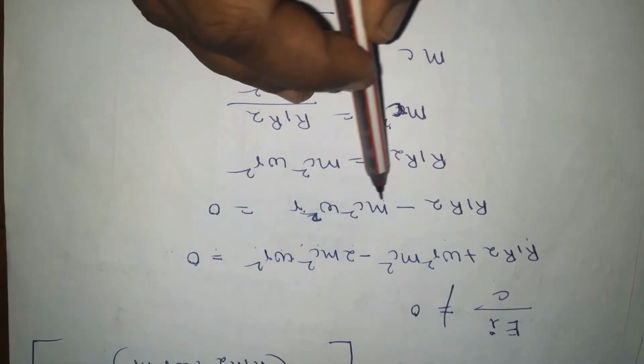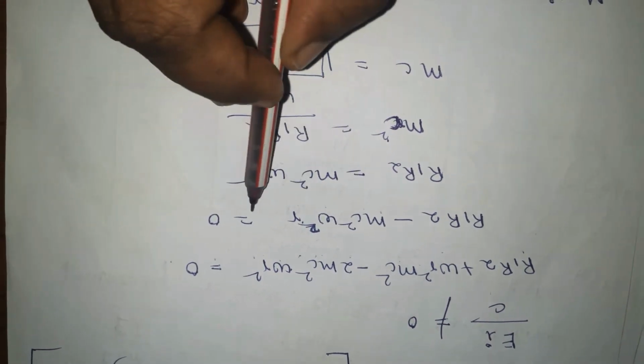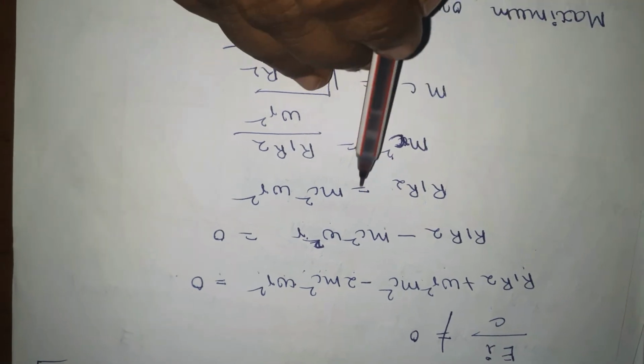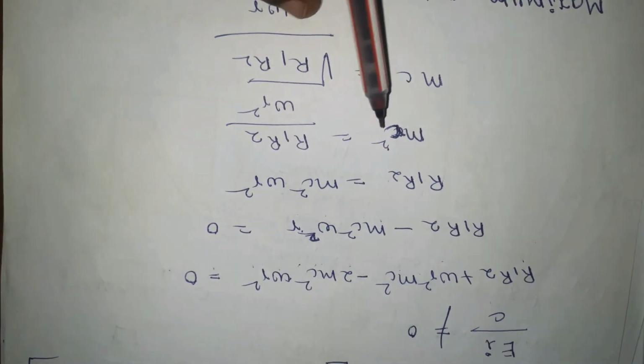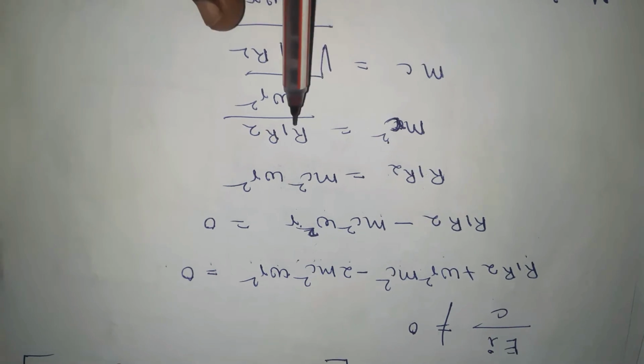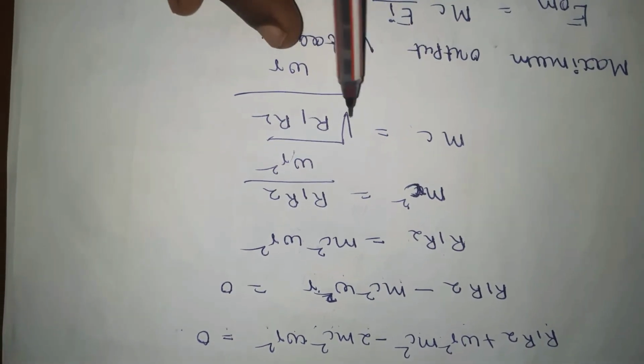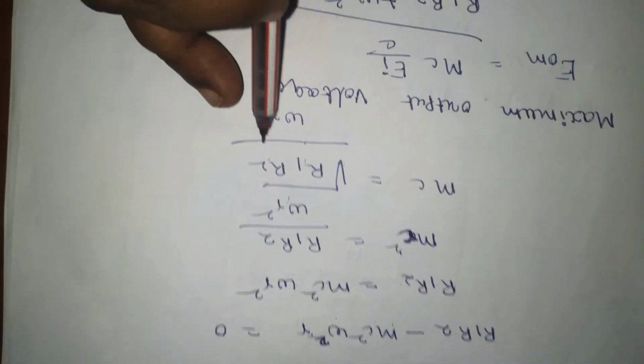R1R2 minus ωr²Mc² equals 0. R1R2 you keep this side, so Mc² is equal to R1R2 divided by ωr². So ωMc is equal to the square root of R1R2 divided by ωr.